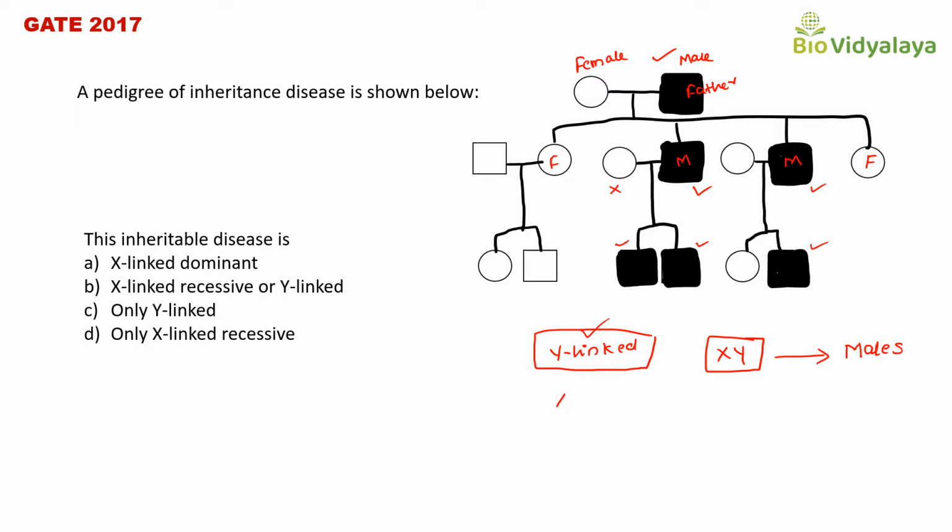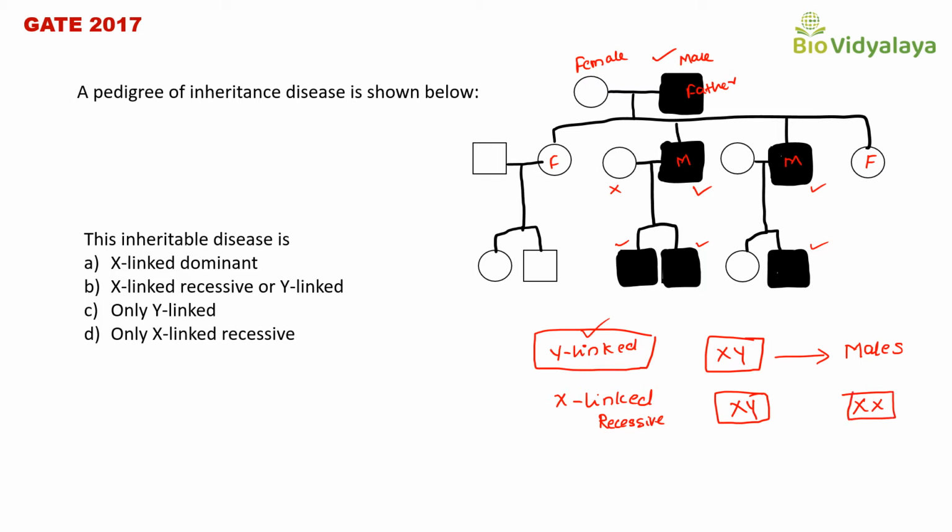So we know that an X-linked trait is associated with the X chromosome. In males, one X chromosome is present, but in females, two X chromosomes are present, isn't it?